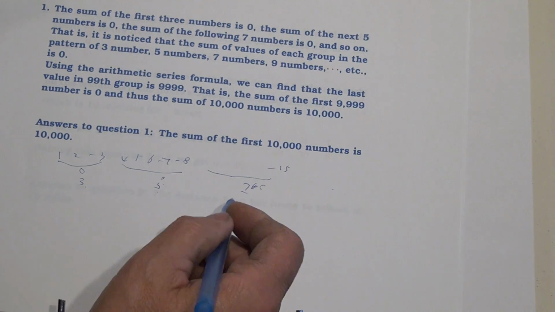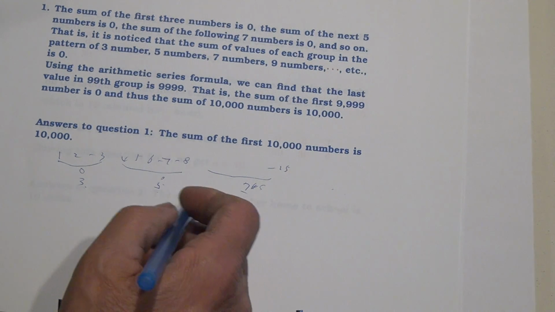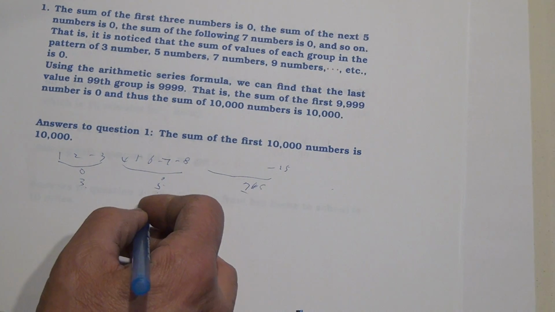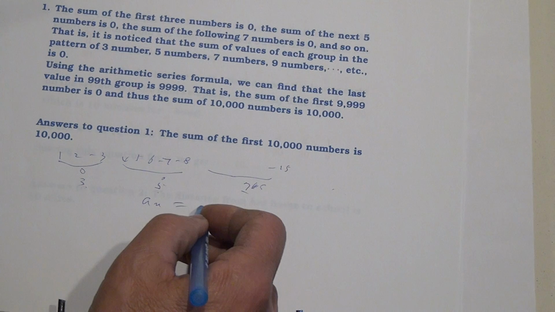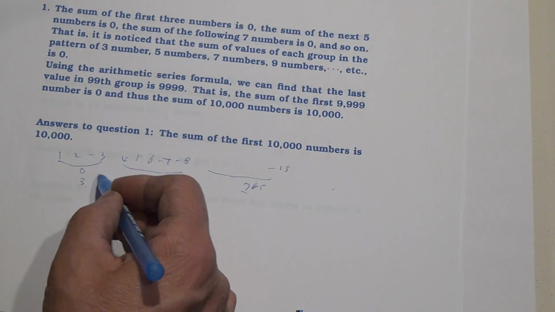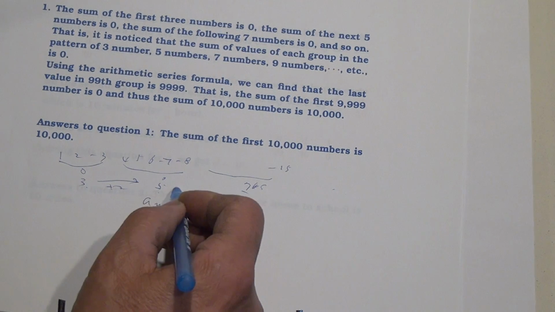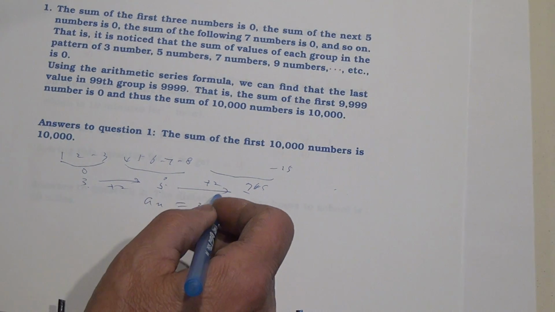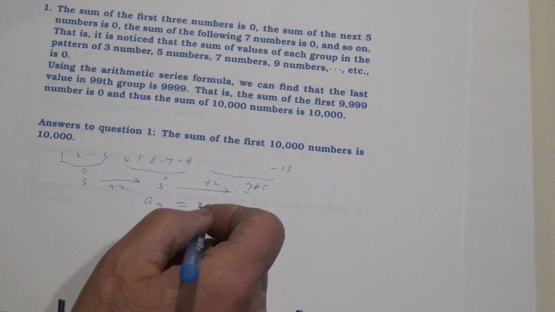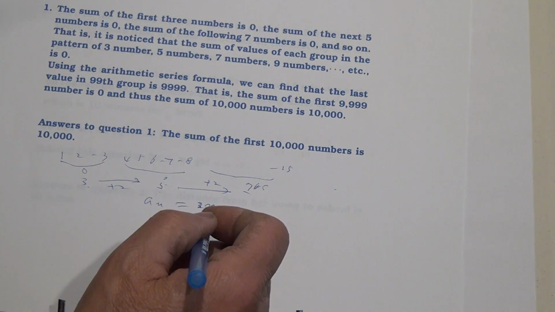Using arithmetic sequence theorems, the group sizes 3, 5, 7 each increase by 2, so the general term starts with 2n. Then you try n for any term.